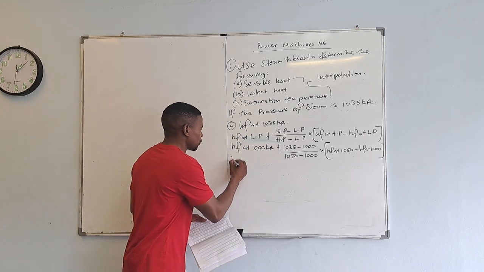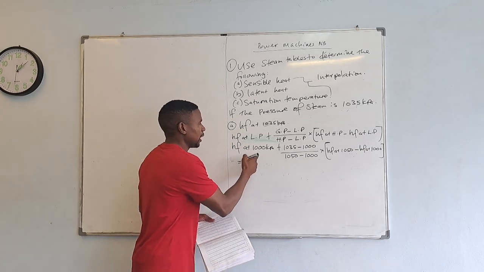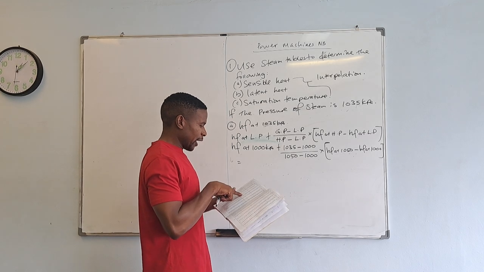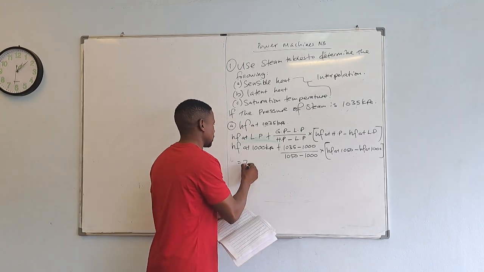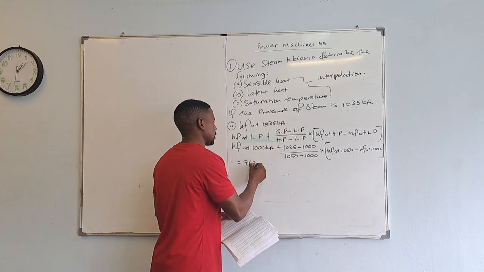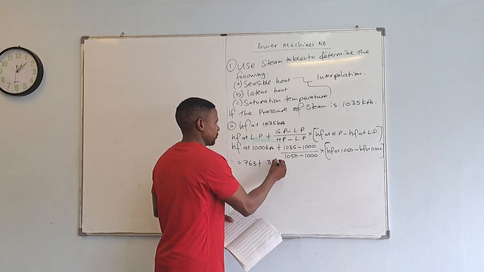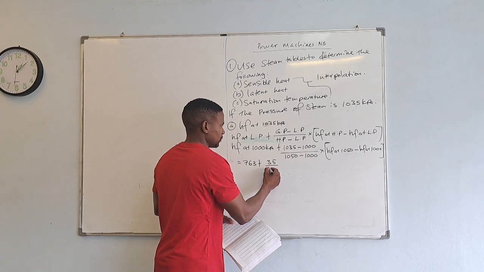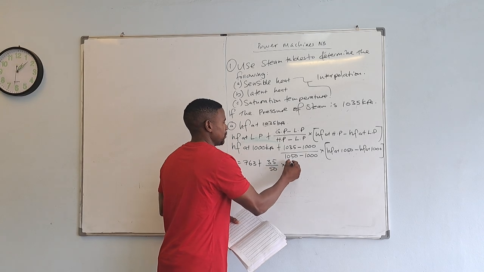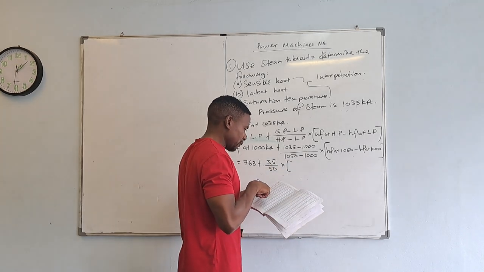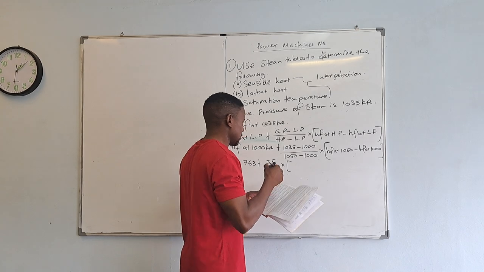So if you go to your steam table now at 1000, let's get our HF. Our HF here is 763. So it's 763 plus, here we just get the difference, which becomes 35 over 50, times our HF at 1050. At 1050, our HF is 772.